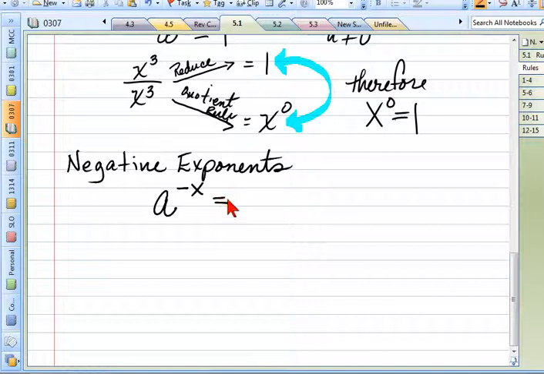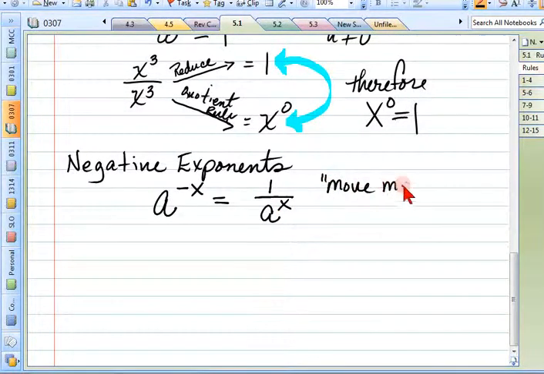What it has to do with is the position of the answer. It is 1 over a, so now it's become a denominator, to the positive x power. Negative exponents say to you, move me. I'm really not going to go into that with any more depth today, because we're not going to deal with negative exponents in this lesson.